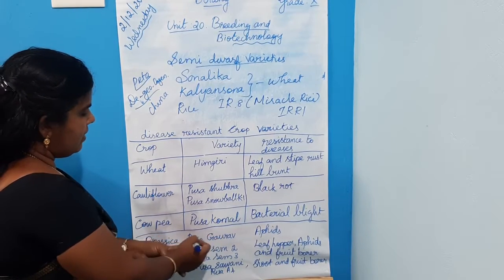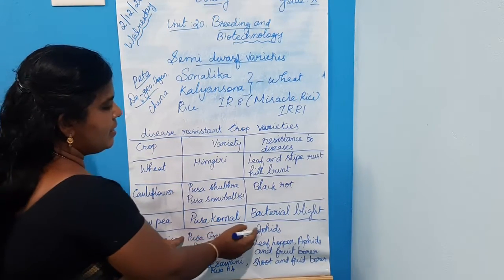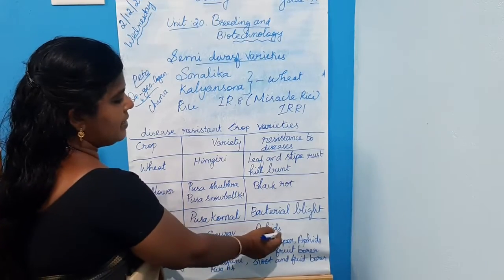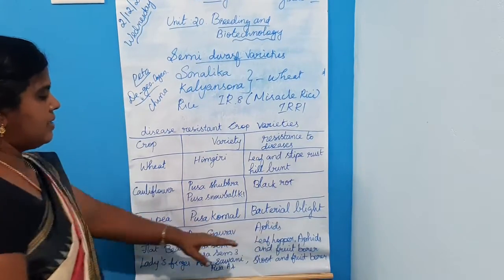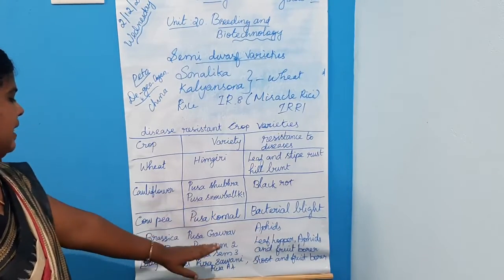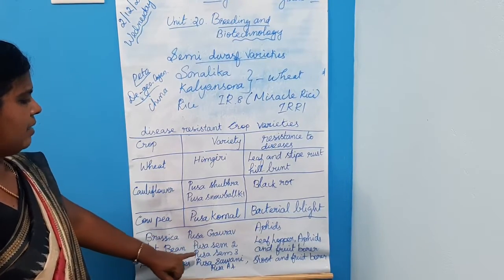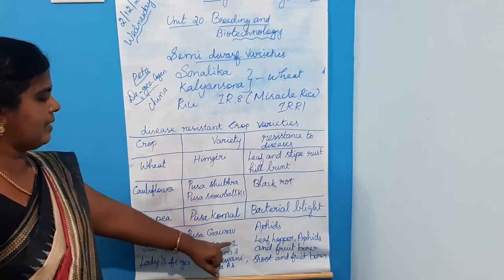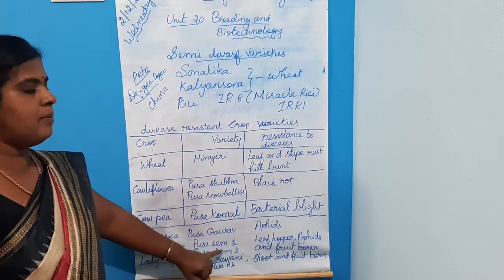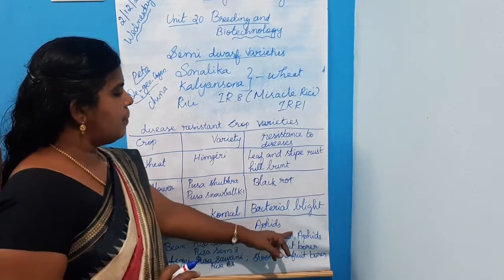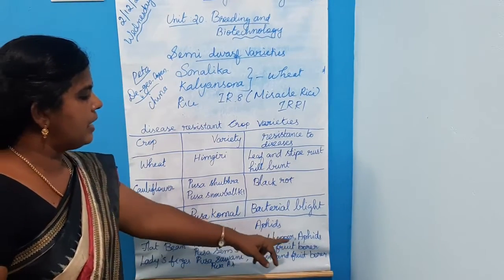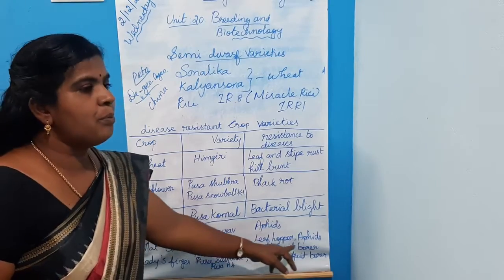This Brassica possesses resistance against the pest aphids. Then flat bean, the varieties Pusa Sem 2 and Pusa Sem 3 resist the pests leafhopper, aphids and fruit borer.